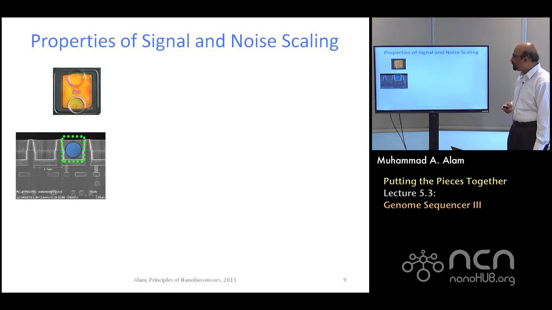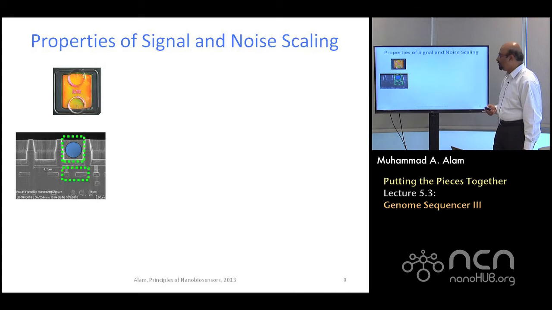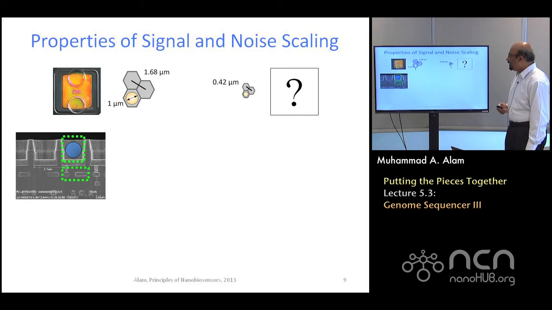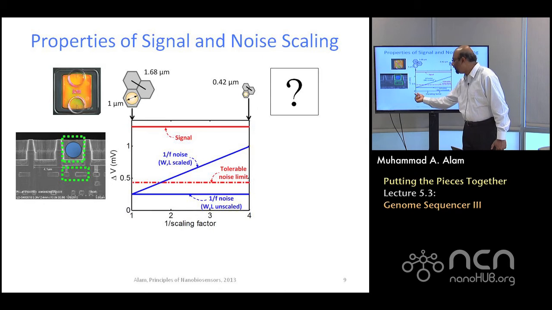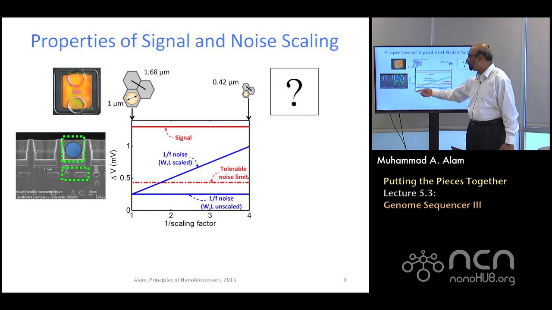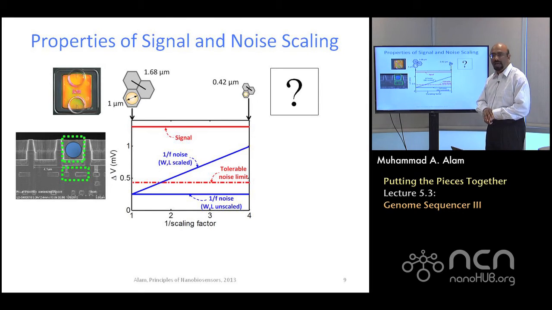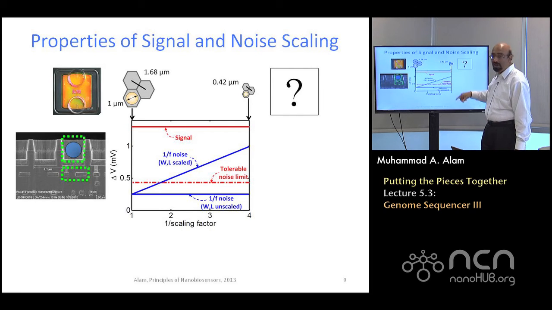It turns out that there are two issues: whether to make the wells smaller and whether to make the transistors smaller. If you make the transistor smaller, then you have to have special considerations. Let's say you have some reference size and you want to reduce the size by a factor of 4. Now, if you look at lecture 28, you will see the peak signal will not change.